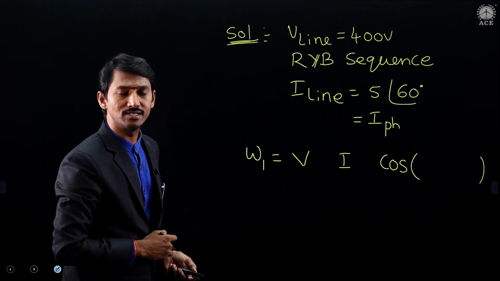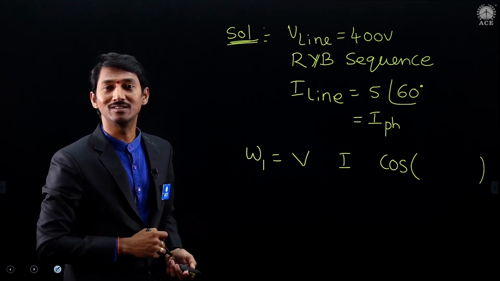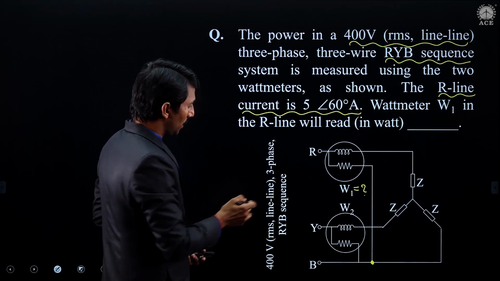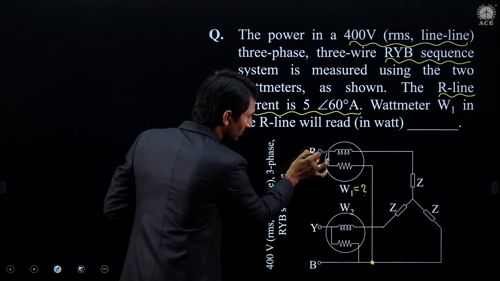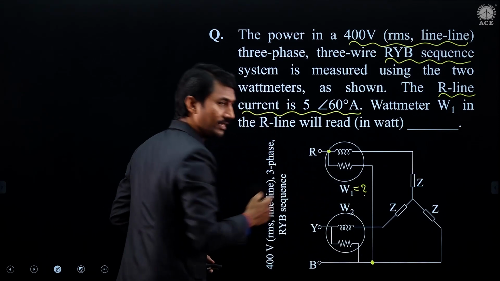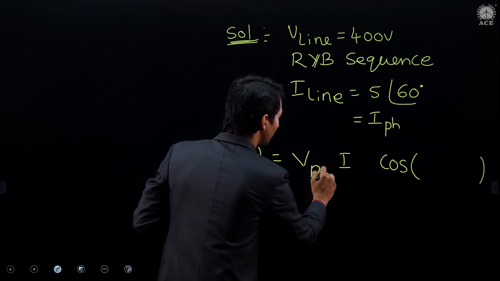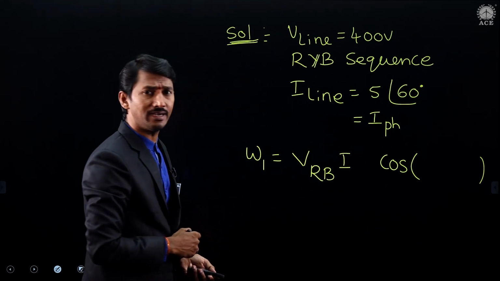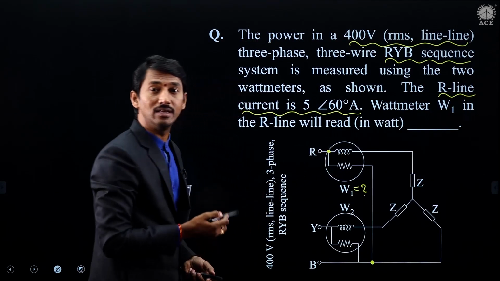Sir, what is the voltage? Nothing but the potential coil is connected between which terminals, that you have to observe. Here, the potential coil of W1, wattmeter 1, is connected between R and B. So therefore, VRB. Okay, VRB. Sir, the current coil is connected in which one? R line. Current coil is in R line.